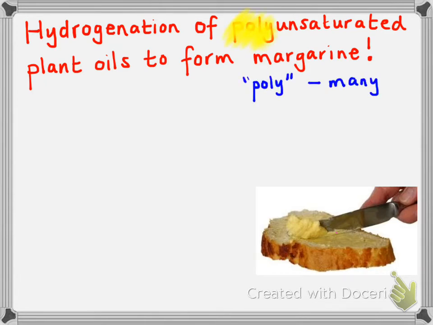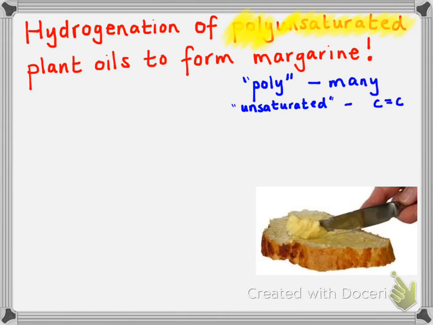The prefix poly means many, and then unsaturated. Remember that we've done this work. An unsaturated bond means a double or a triple bond, a carbon-carbon double bond or a carbon-carbon triple bond. So polyunsaturated plant oils mean that the sunflower oil or the olive oil has a number of carbon-carbon double bonds in its chain.